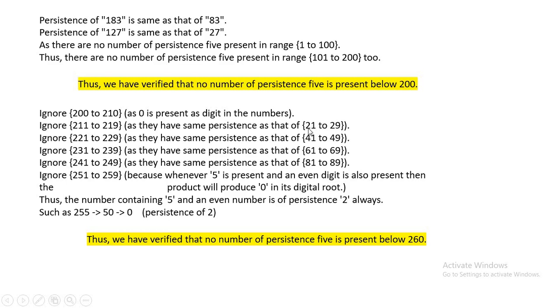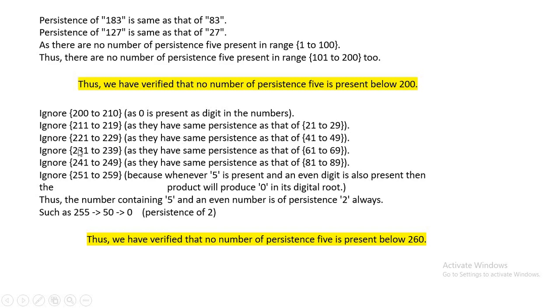As 21 to 29 lies below 200, there is no need to check this range also. Similarly, 221 to 229: 2 times 2, or you can say 4, directly 4 times 1, up to 2 times 2 times 9, or you can say 4 times 9. So this is also lying below 200.